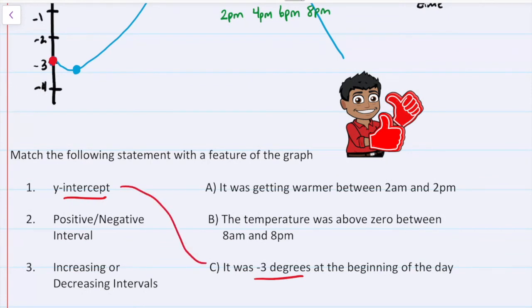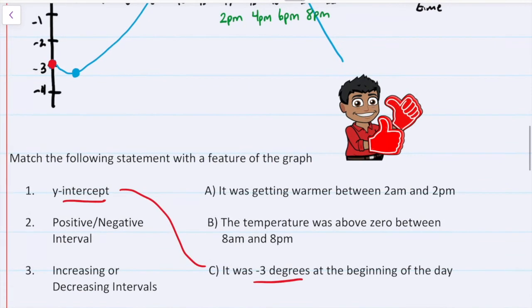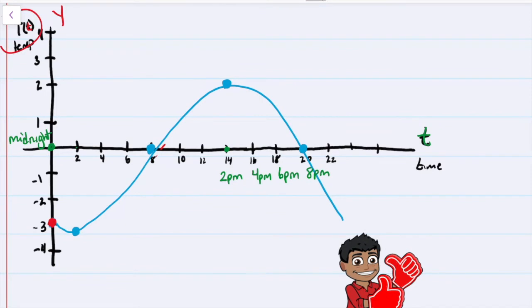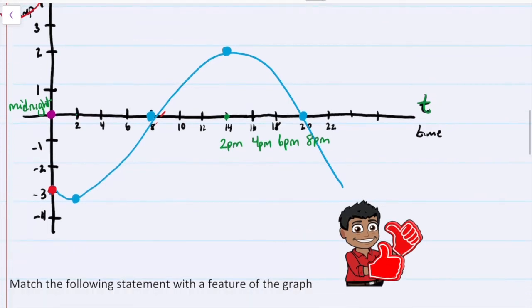Now we're talking about positive and negative intervals. Let's use a different color. We talked in the past: something is positive when it's above zero. If it's above, it's positive. If it's below, it's negative. We want to know when it's positive and when it's negative.